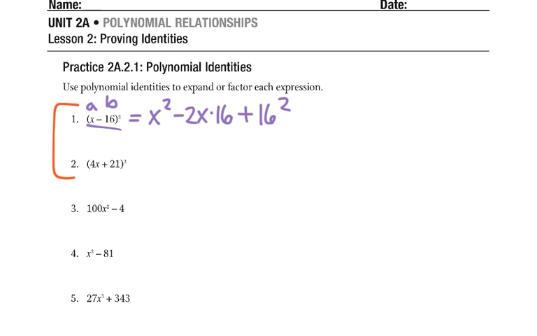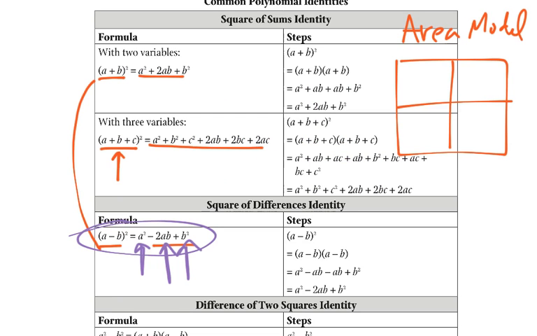Okay, then I could simplify it from that. X squared, 2 times negative 16 would be negative 32x, plus 16 squared I believe is 256. Let me grab a calculator. Yep, 256. And that's all we had to do. Okay, that's using that pattern.